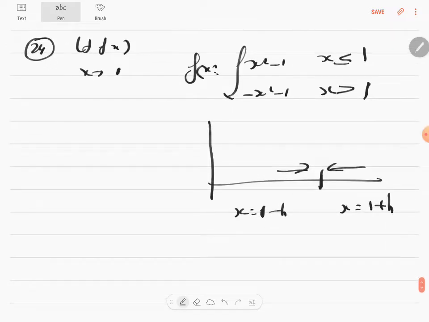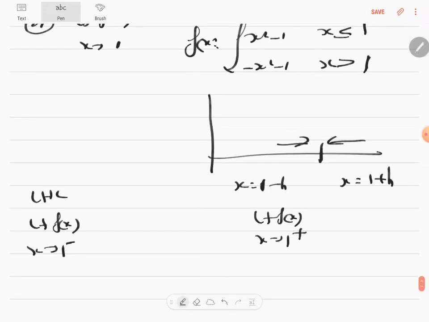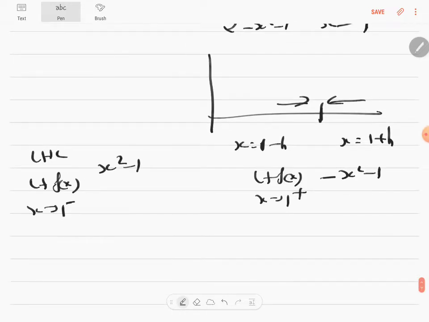For the left hand limit you are going to do limit of f of x as x tends to 1 from the left, and limit of f of x as x tends to 1 from the right. Going 1 from the left means the less than 1 formula, which is x square minus 1. 1 from the right means the greater than 1 formula, which is minus x square minus 1. But x itself is 1 minus h, so the left limit is (1 minus h) the whole square minus 1, limit h tends to 0.